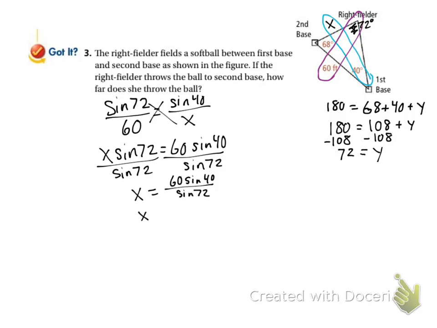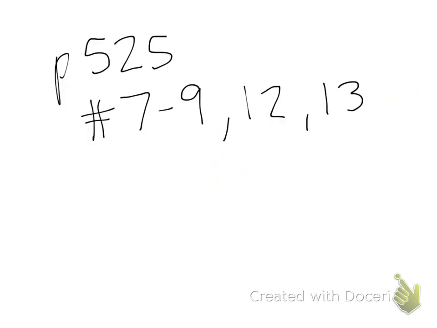On our calculators, the sine of 40 times 60 gives us 38.6. And the sine of 72 gives us like 0.95. When I divide those, I get that X is equal to about 40.6 feet. And there you go. There's your homework.